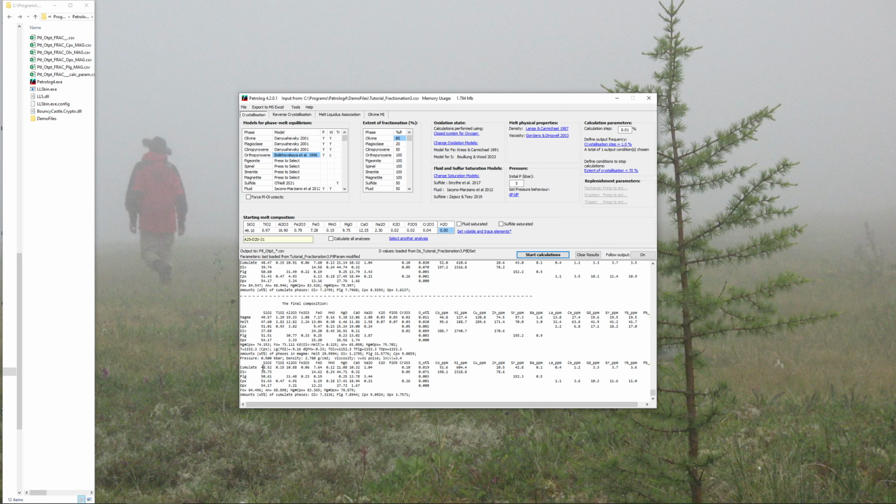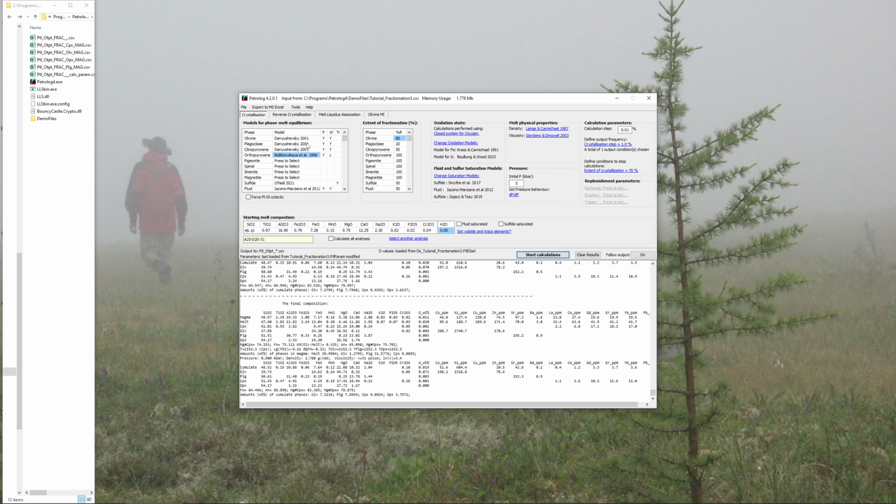And just to remind you, this is a combined composition of the cumulate, and these are bulk composition of each phase in the cumulate, where at the upper part of the output on the screen here we have the compositions of minerals which are currently in equilibrium with the melt.